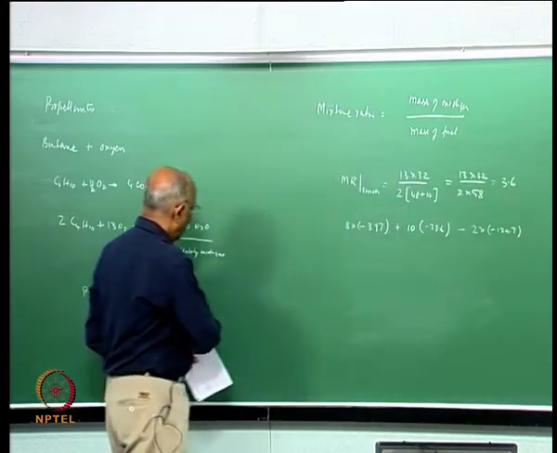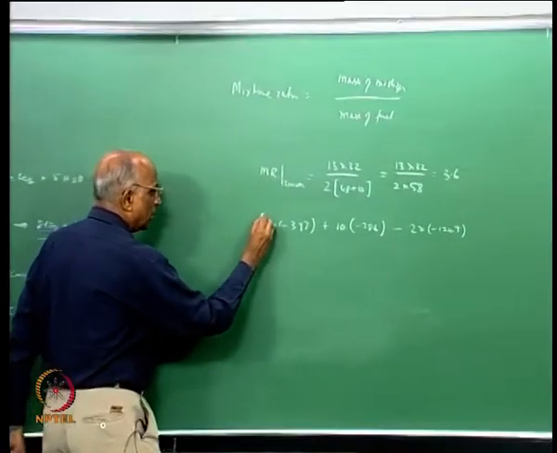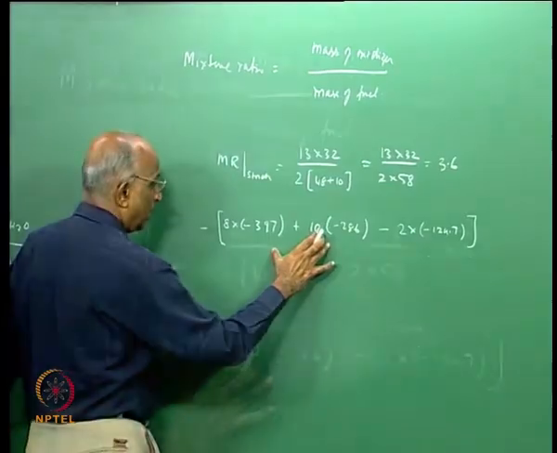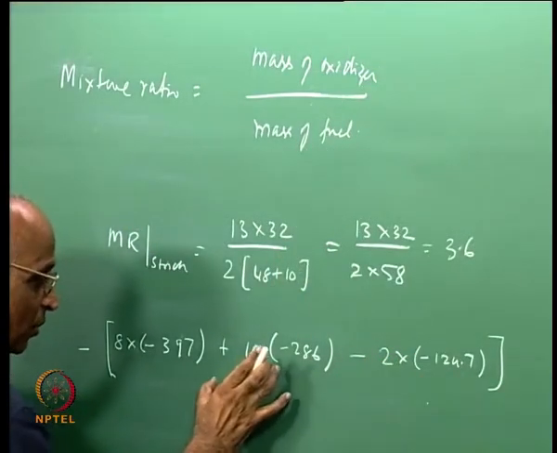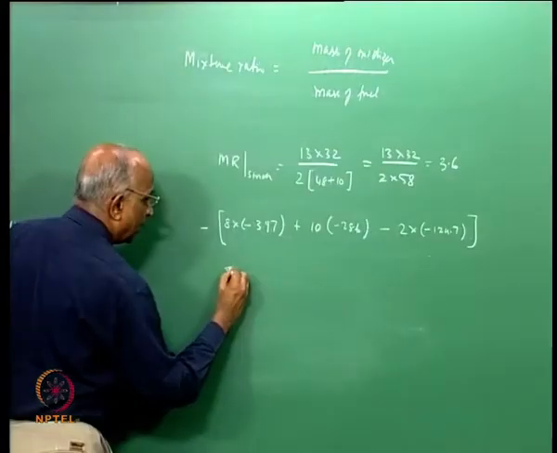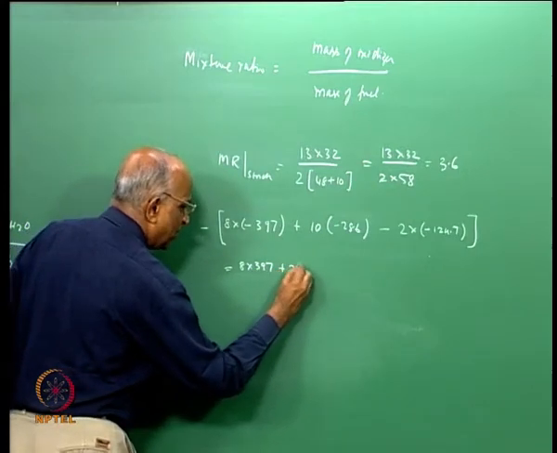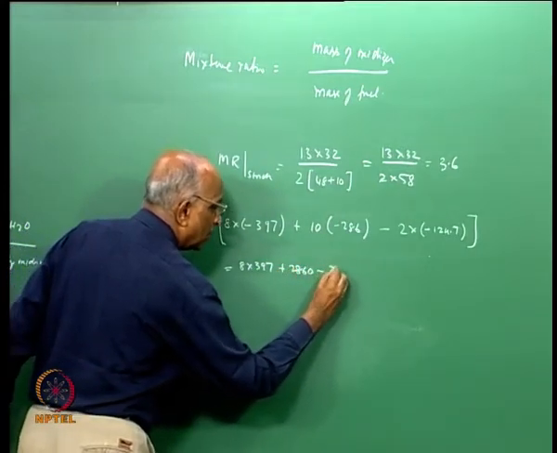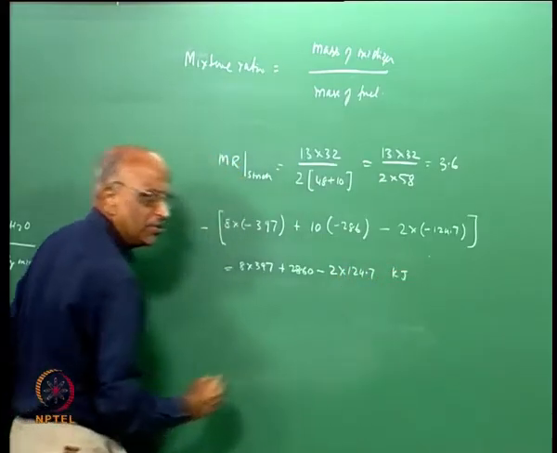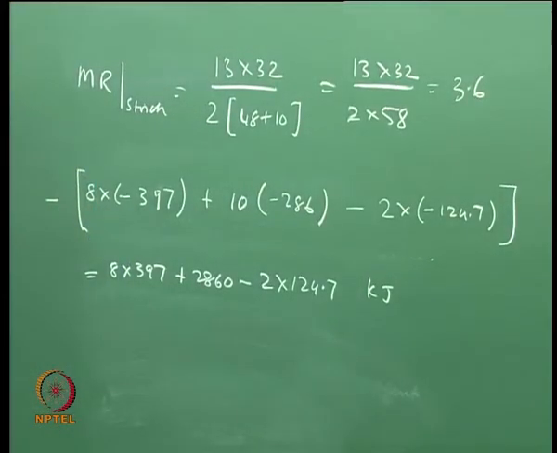This is the heat liberated in this reaction. For 2 moles I am getting this amount of heat, and therefore this becomes the decrease I have to look at: the heat of formation of the products minus the heat of formation of the reactants. So I get 8 into 397 plus 2860 minus 2 into 124.7, so many kilojoules of energy are liberated. And this is how we calculate the heat liberated in this stoichiometric reaction.